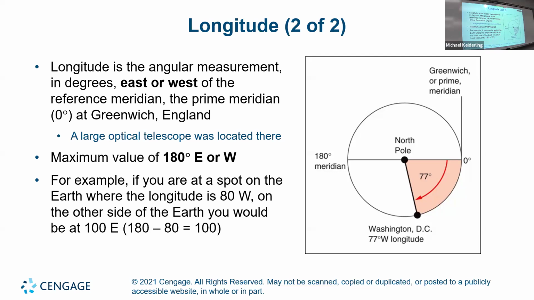So if you're at a spot on the Earth where the longitude is 80 west, the maximum value of the longitude is 180 degrees east or west, and 180 degrees east and west is in fact the same location.